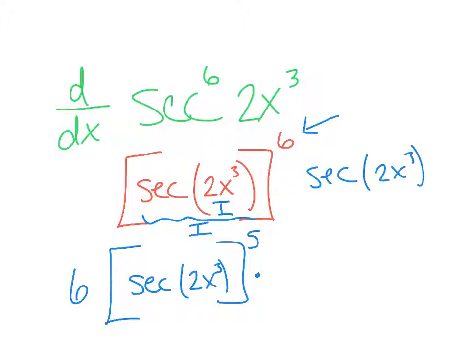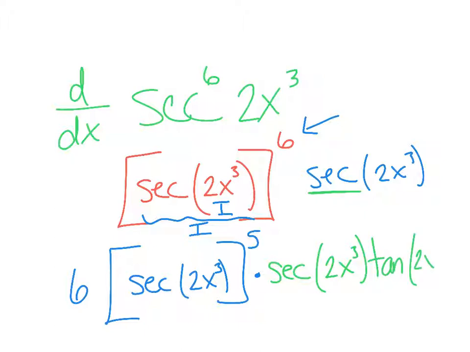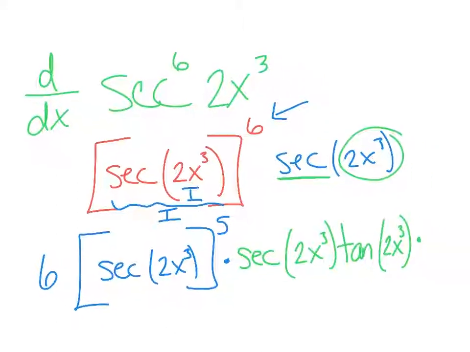This is who I now have to take the derivative of. Well, if you look at your derivative rules, the derivative of secant is secant tan. But again, it's secant, keep the inside, tangent, keep the inside, and now times the derivative of its inside, so times, I'm running out of room here, 6x squared.